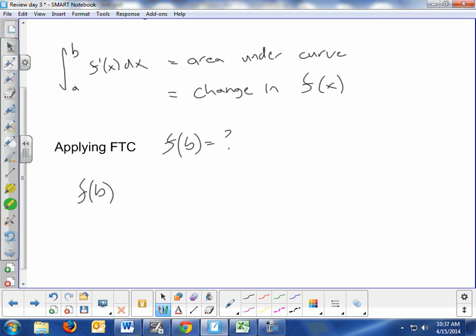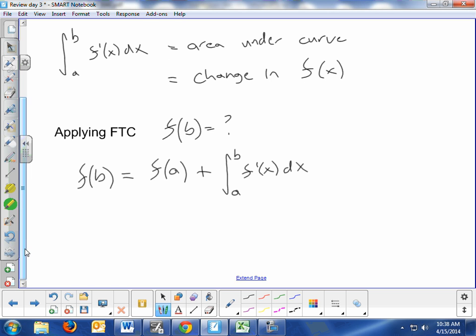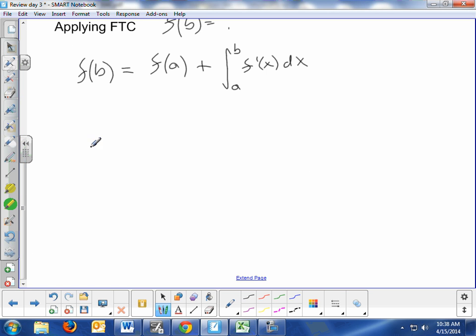And I say, hey, if I want to find a future value, I can just take an initial value and then add the change in my function, which is represented by the integral from a to b of f prime. And we can use that to find future function values. So there's two ways now in which we can solve a situation like this.